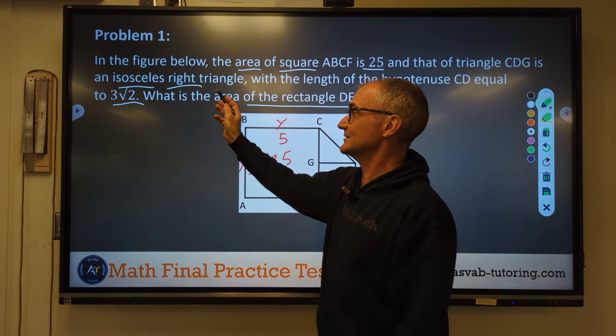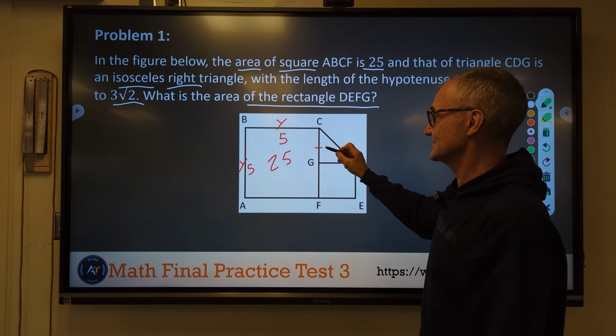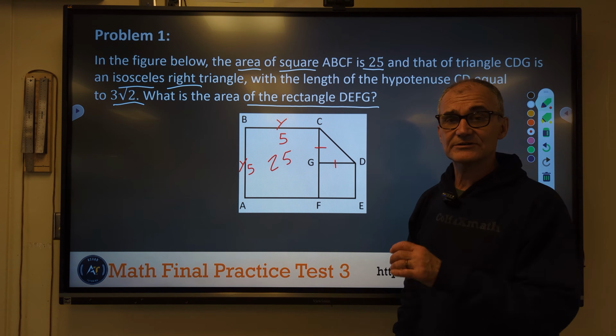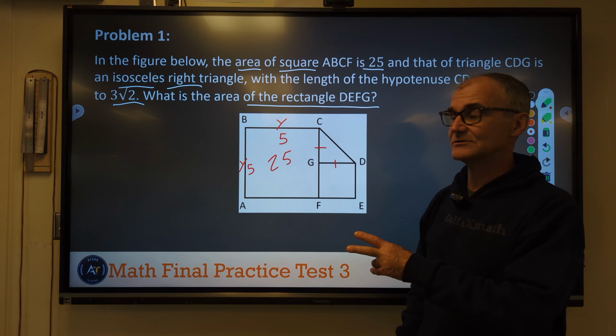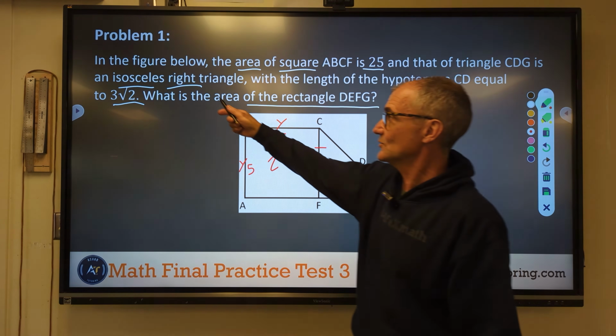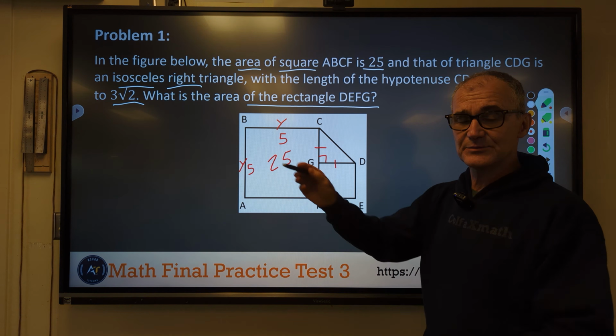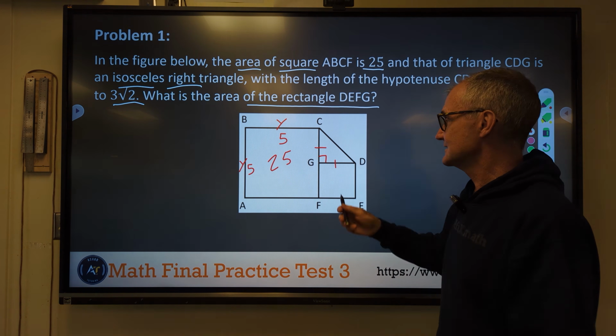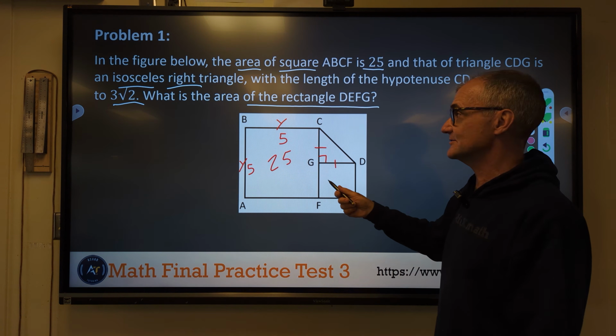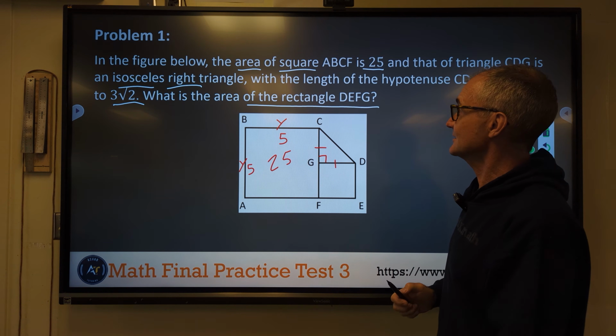Isosceles right triangle. So isosceles means this and this are congruent. Isosceles has 2 equal sides. Right means one of the angles is 90 degrees. You put a little perpendicular mark in there to say it's a right triangle or 90 degrees. It's a special group of triangles.